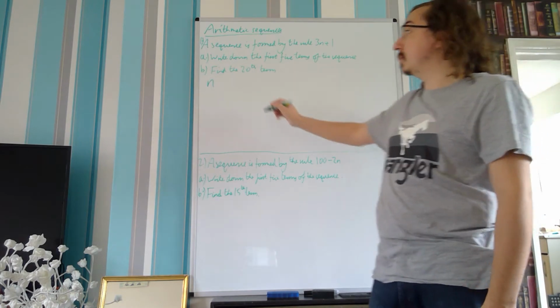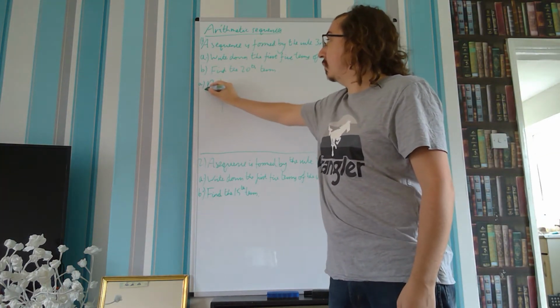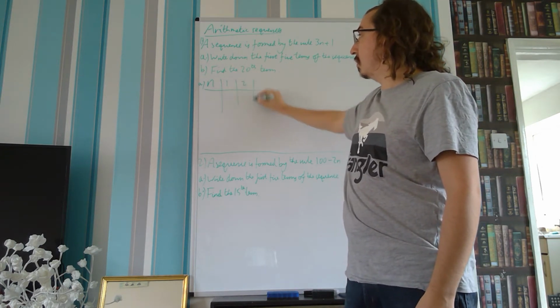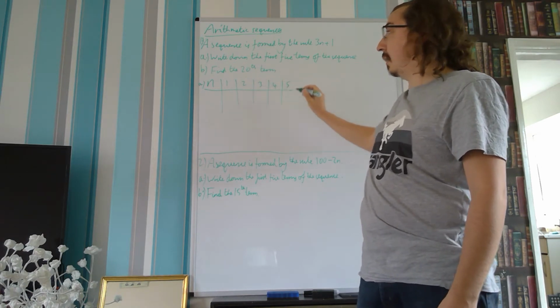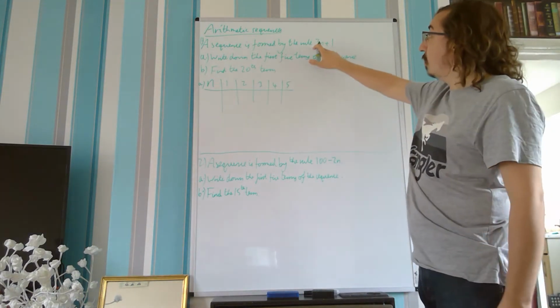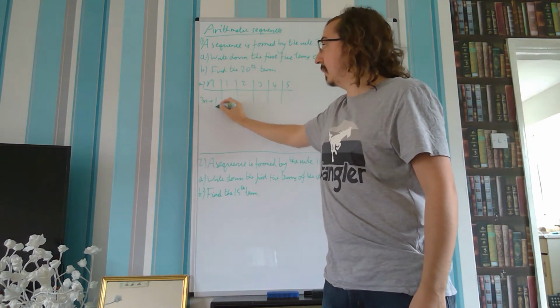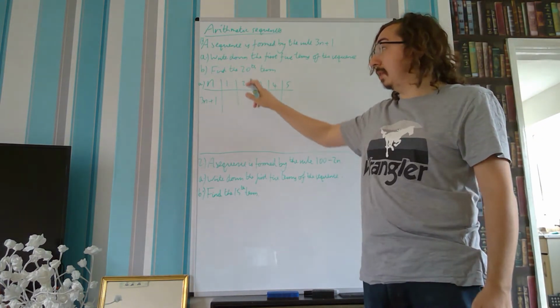So if we want the first 5 terms for part A, we are looking when n is equal to 1, 2, 3, 4, and 5. We then have our nth term, so we can put this here, which in this case is 3n plus 1. And all you need to do is substitute in the values.